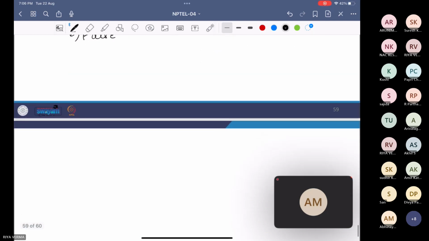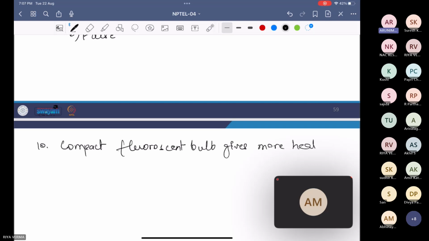And the last question we have is: a compact fluorescent bulb gives more heat than an incandescent bulb.